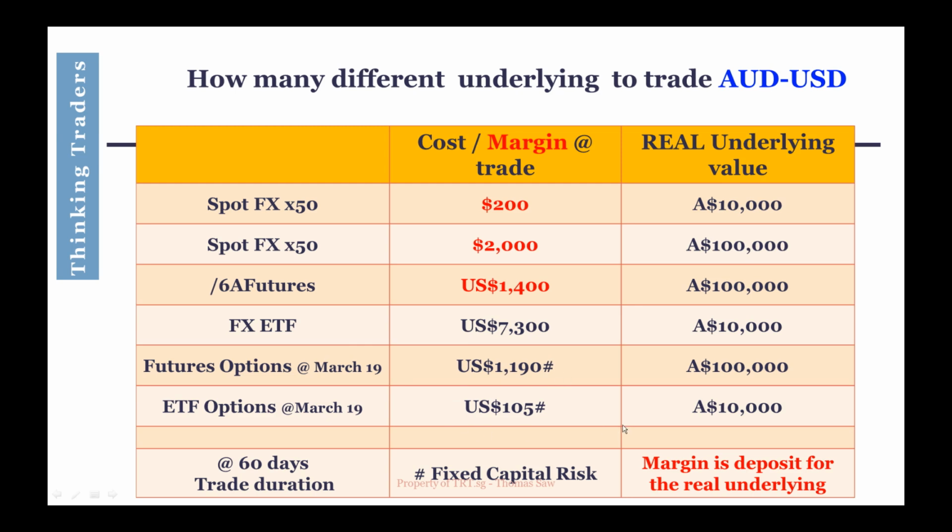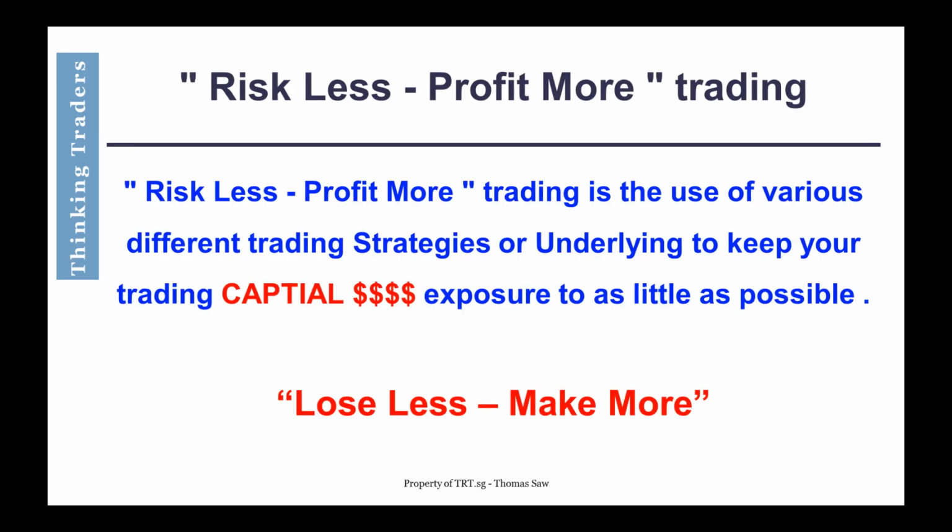You cannot lose more than your initial capital. While if you trade margin, your initial margin capital or deposit capital is 200, 2,000, and 1,400, it is just a deposit. Any questions?